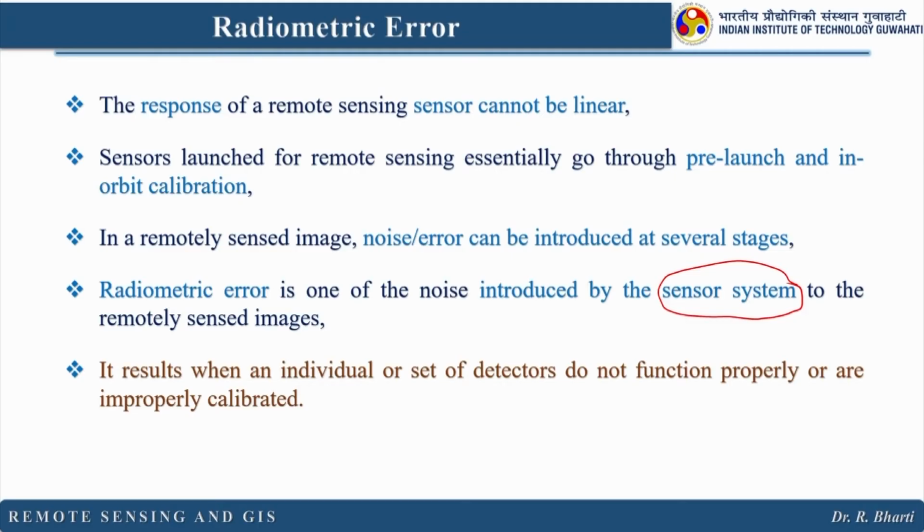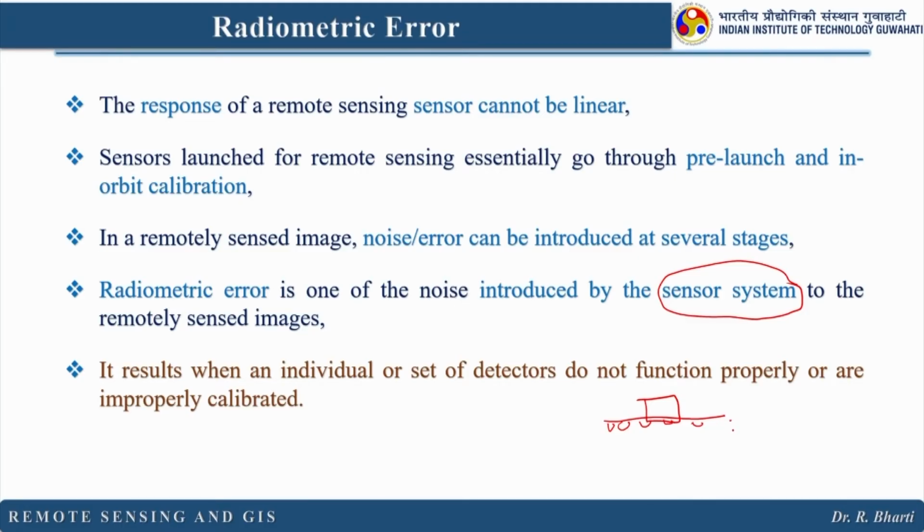Now, how can this sensor system introduce error? Sensor consists of detectors, and if you see a camera in a satellite, there may be thousands of detectors, or many detectors.